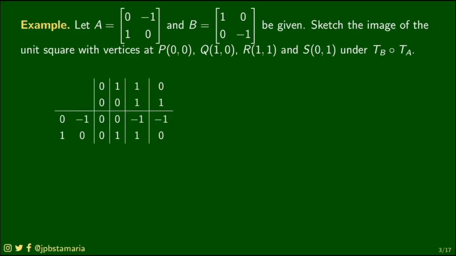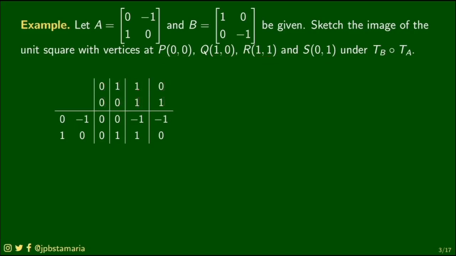Remember, when you have a composition, the one that acts first is the one on the right. So to apply TA to each of these points, I put here the matrix A, and I put here the 4 points: 0, 0, 1, 0, 1, 1, and 0, 1.